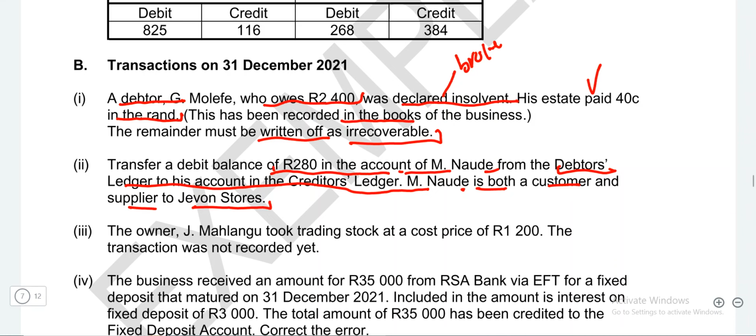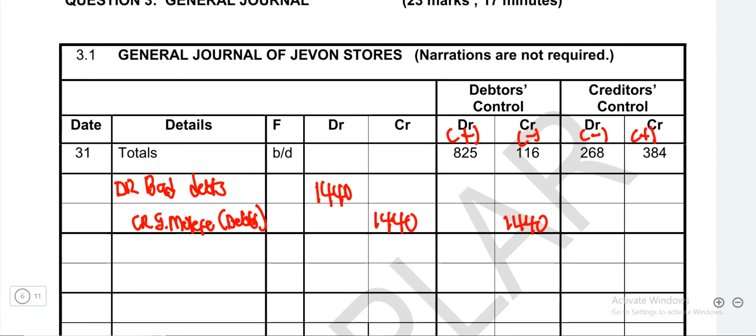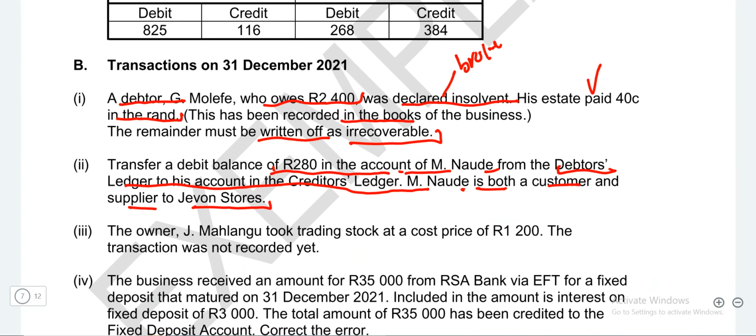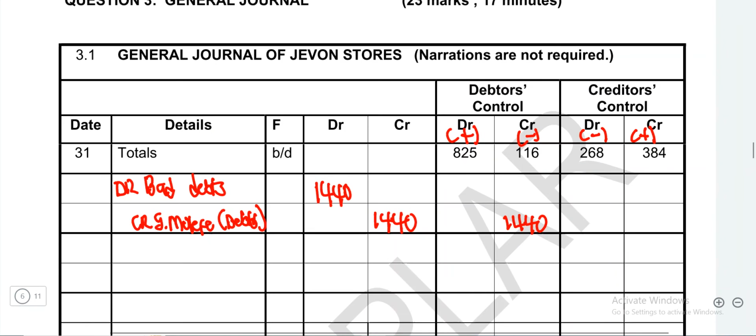Okay, so that's the first step that we need to check. So in other words, let me just confirm the surname. The surname is Naude, sorry. So meaning that we are going to credit N Naude. Okay, so we'd say credit N Naude.